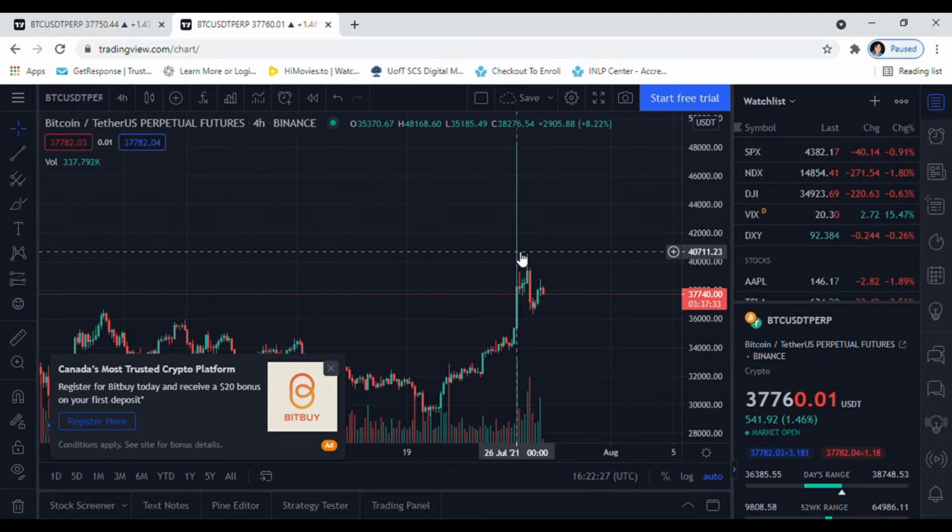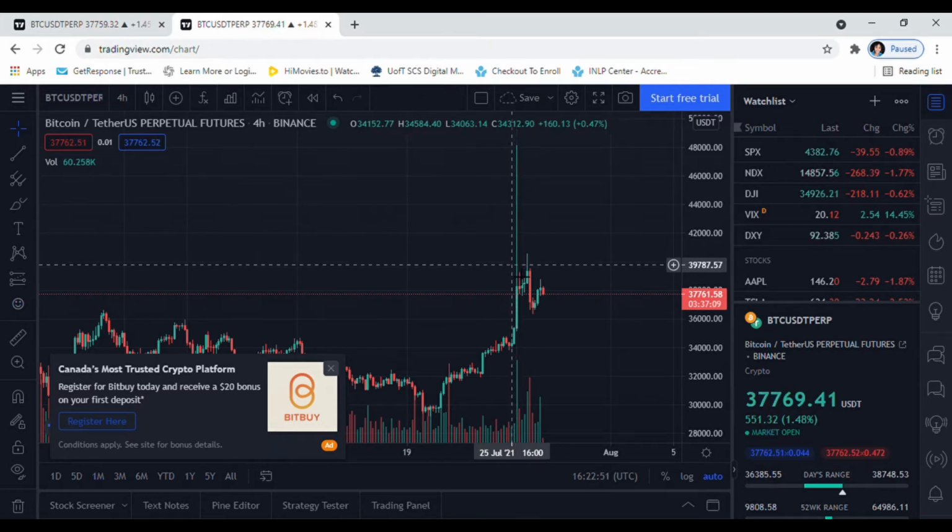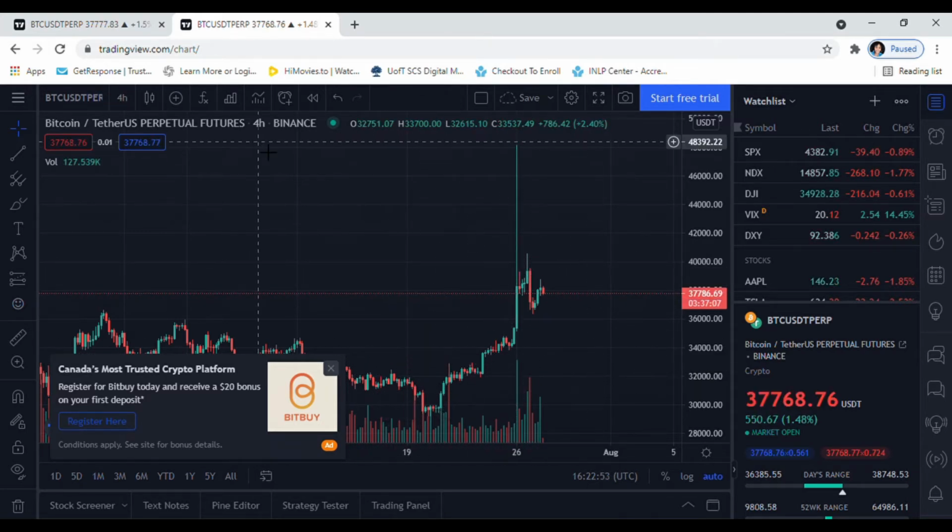That's the highest price it went to. L stands for low, so that is basically the lowest price that this candle went to in that time frame. And then C stands for close, and that is the price that the candle closed at in that 4 hour time frame. So each candle represents 4 hours because I am on the 4 hour time frame.